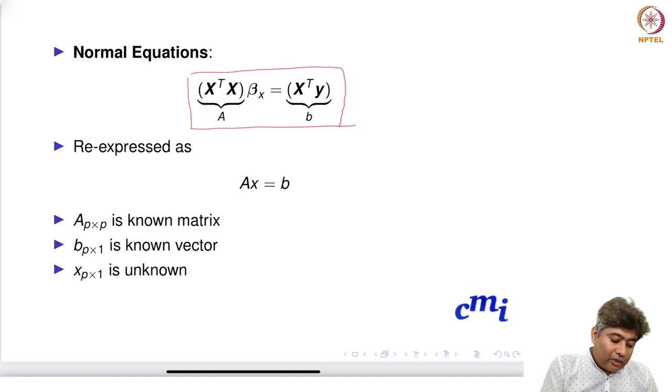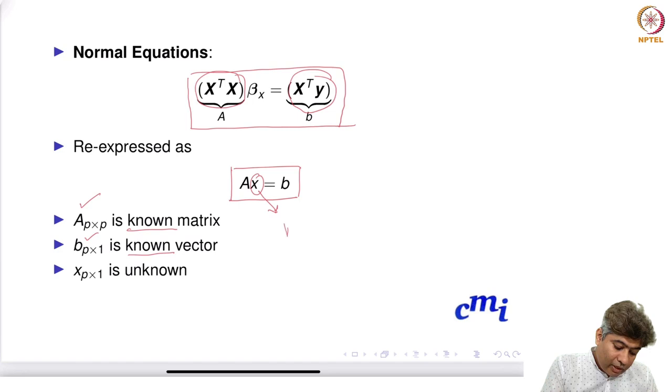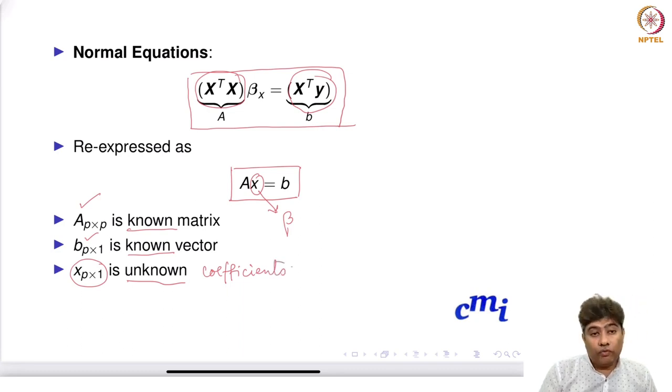Let us call X transpose X as A and X transpose y as B. Then we can re-express our normal equation as Ax = B, where A is a p cross p known matrix, B is a p cross 1 known vector, and x is actually my beta. So x, p cross 1, is the unknown coefficient, and this x we want to solve.